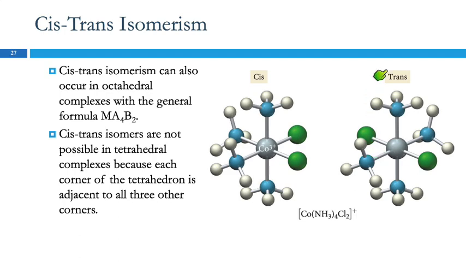So this would be trans because these are across from each other, and this is cis because they're on the same side, they're next to each other. You can't have cis-trans isomers in a tetrahedral complex because each corner is already adjacent to all of the other corners. And so there's no cis and trans for tetrahedral structures.